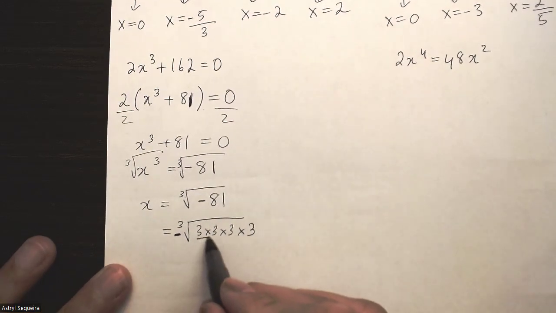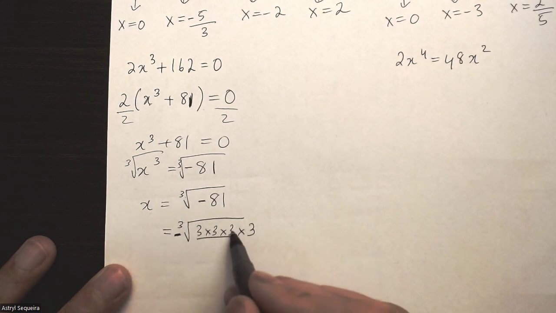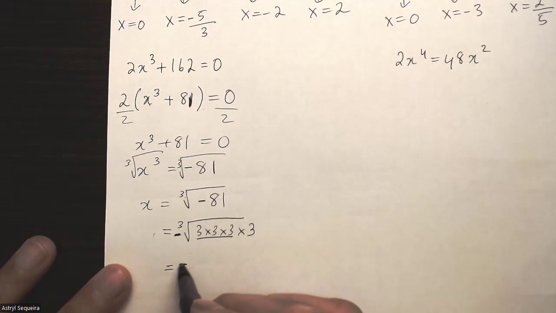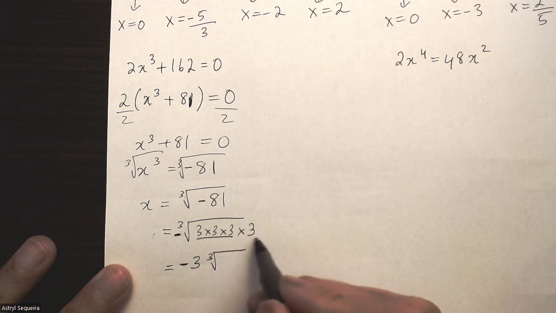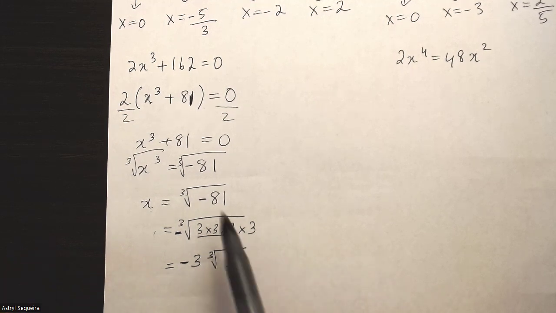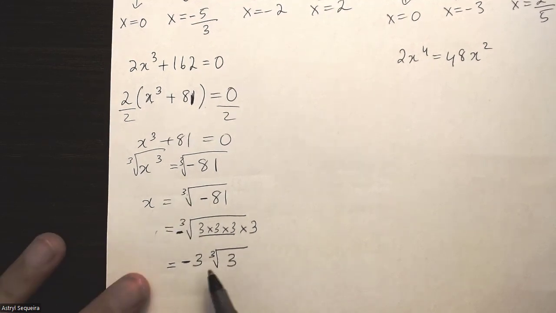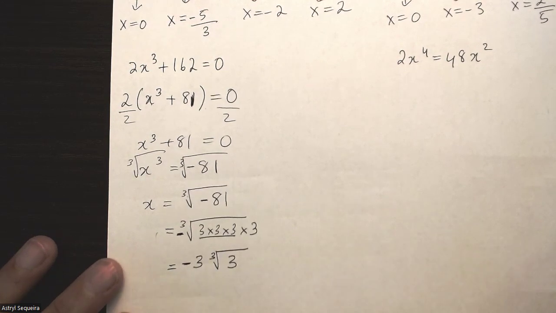And then I can take these threes out. Cube root of 3 times 3 times 3 is just 3. So I have a negative here, I have a 3, and then I have a cube root, and I only have 1 3 left in there. So if your teacher expects you to simplify cube roots, that would be the final solution for this one. If not, that would be an appropriate final answer.